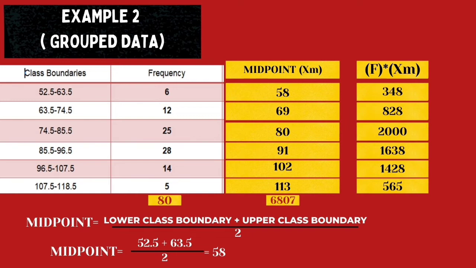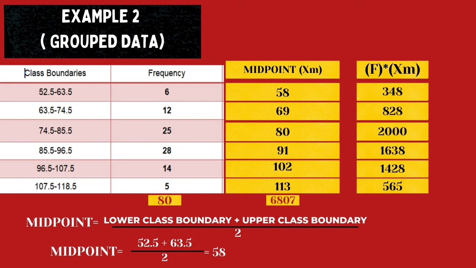For the second step, multiply the frequency by the midpoint in each class boundary. So we have 6 times 58. We now have our fourth column, the product of our frequency and midpoint. Multiplying 6 by 58, we have 348, and do the same for the remaining classes.